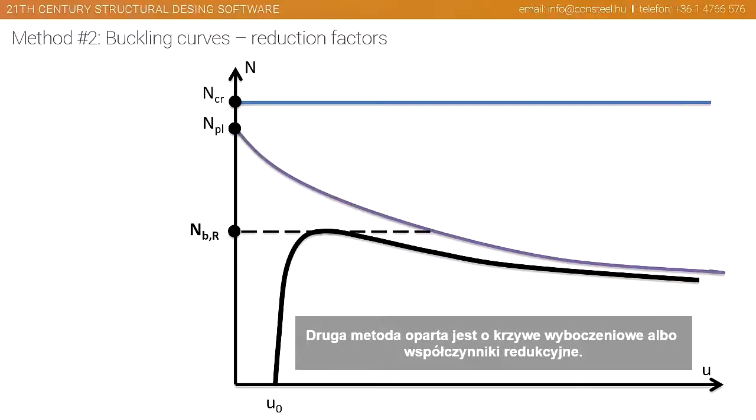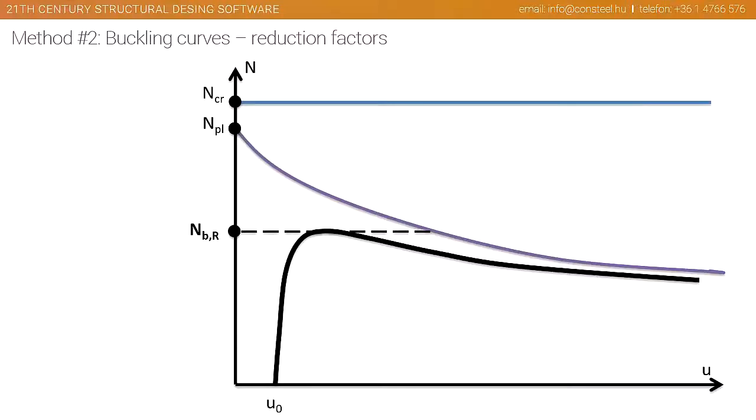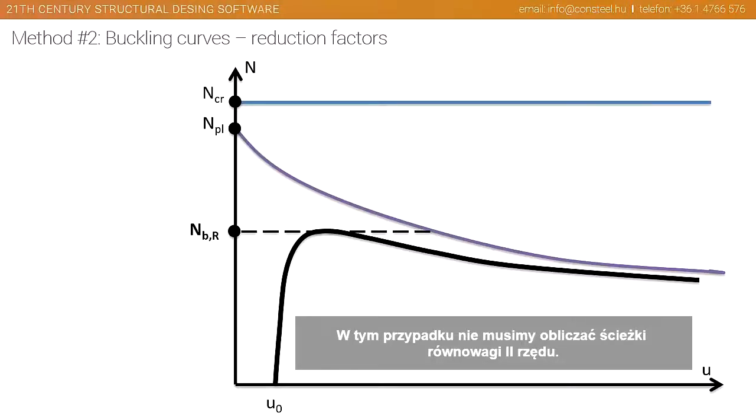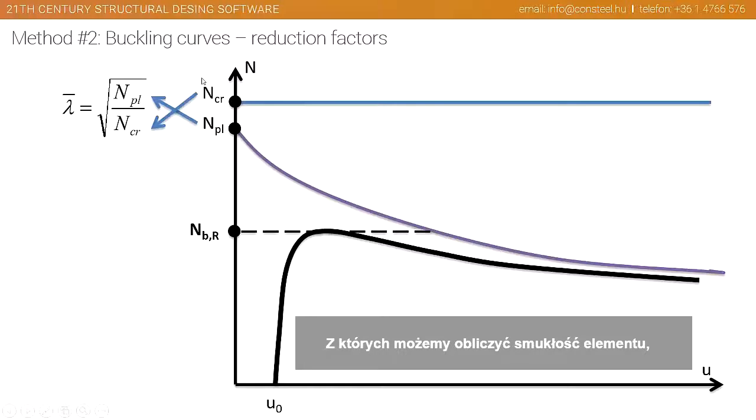The second method is based on buckling curves or reduction factors. In this case, we do not have to calculate the equilibrium path, even the second order elastic path. What we need is only the elastic critical load and the cross-section resistance, from which we can calculate the slenderness of the member.